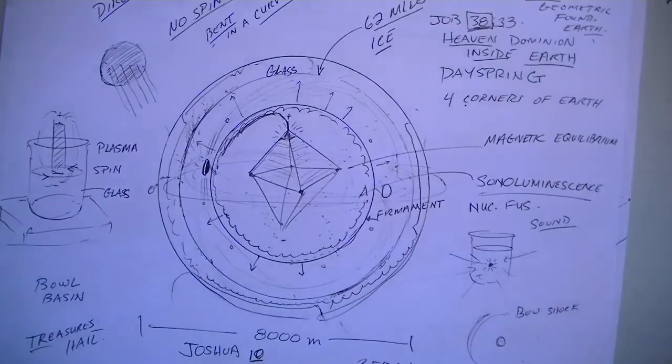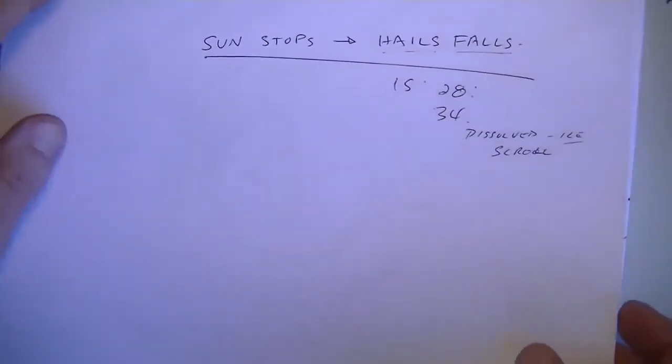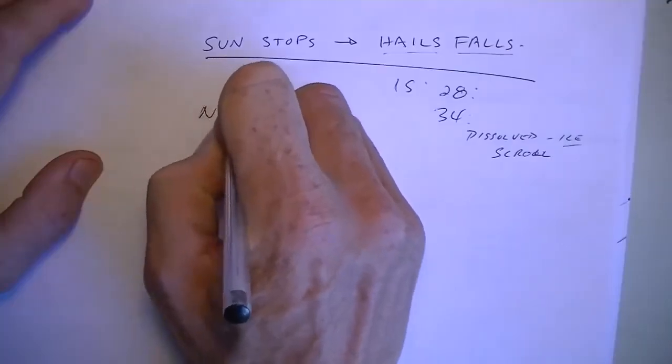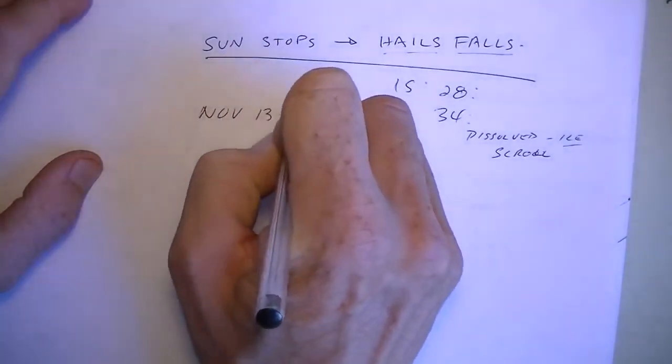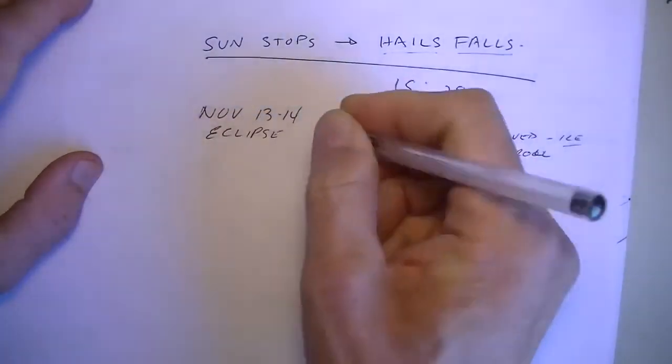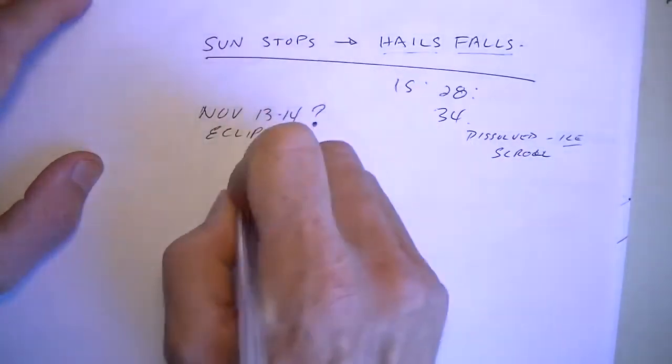There's also another verse, I can't find it now, but it says the sun will be ashamed. Why will it be ashamed? Because it's going to be hiding behind the moon. So I'm foreseeing this as a possibility. I'm not saying it's going to happen, but November 13th, 14th, eclipse over Australia. Will the sun stop?